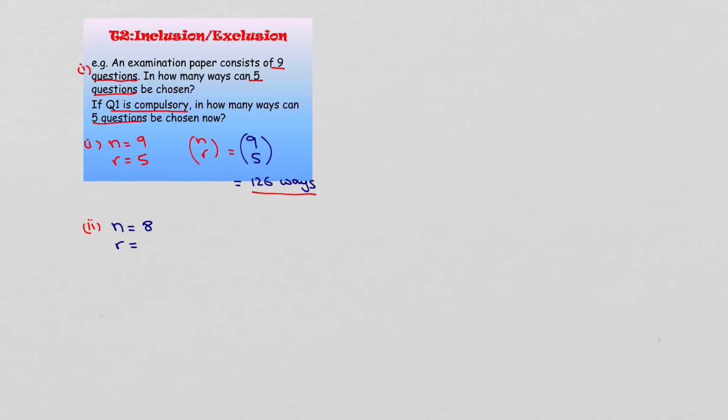The number of questions we have to do is 5, but question 1 is compulsory, so one is already definitely done. Therefore that's 4. So n choose r is 8 choose 4, and 8 choose 4 is 70 ways.